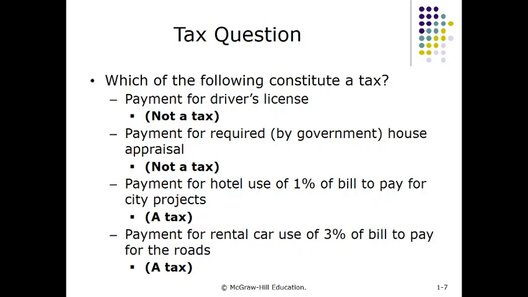Payment for rental car use of 3% of the bill to pay for the roads. Well, again, you're not receiving the benefit of using a specific road, I guess you might say. It's just roads overall, so that would be a tax as well.